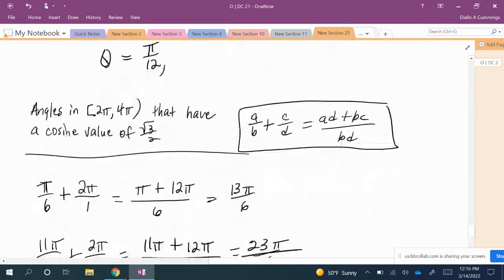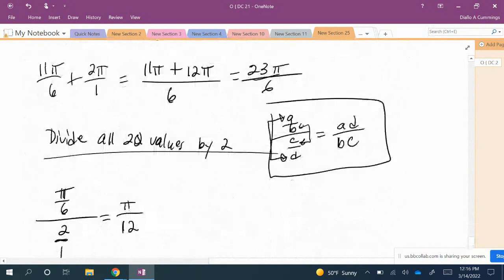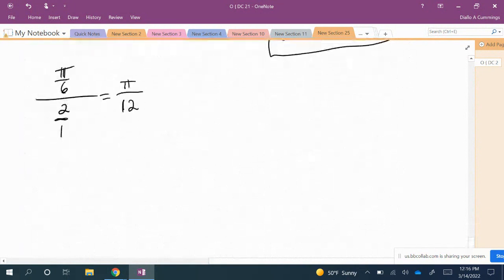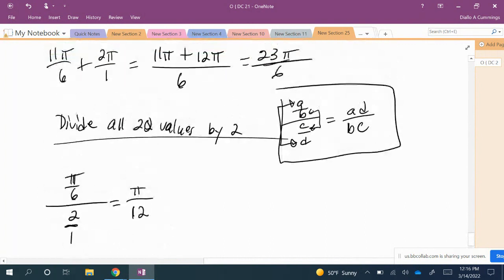Next, we're going to take 11 pi over 6 and divide that by 2 as well. I'm going to treat 2 as 2 over 1. I can multiply the very top and the very bottom. 11 pi times 1 is 11 pi. 6 times 2 is 12, so that's 11 pi over 12.